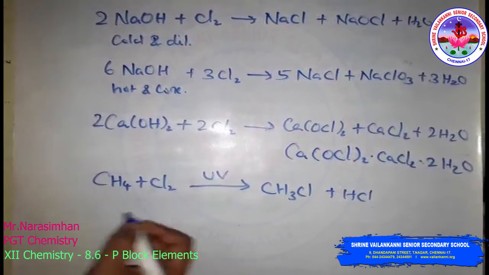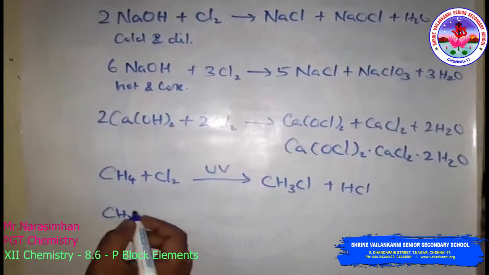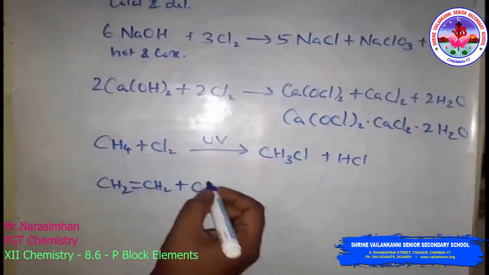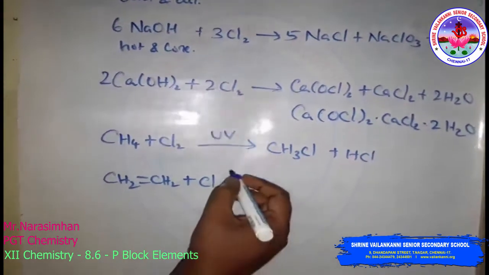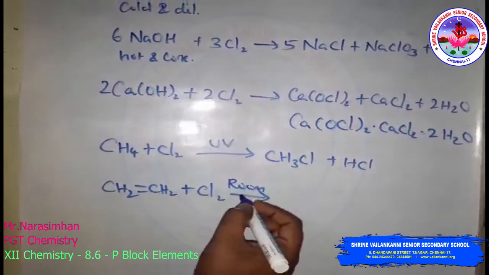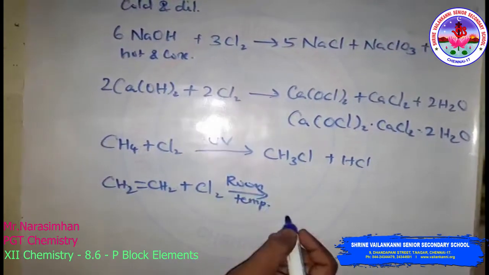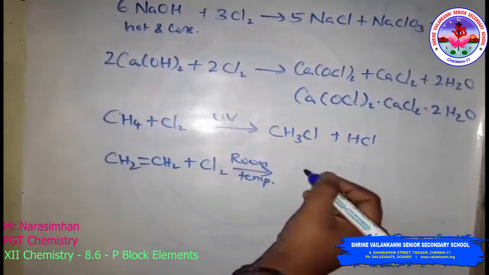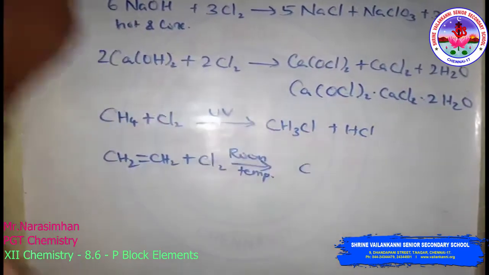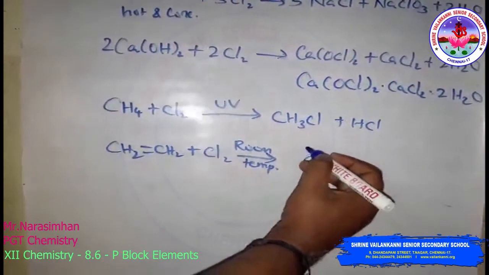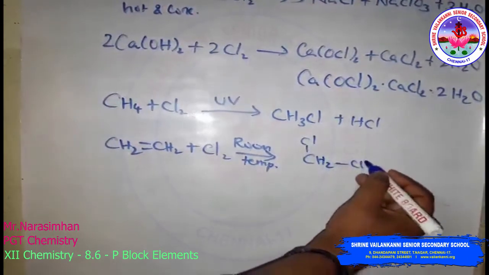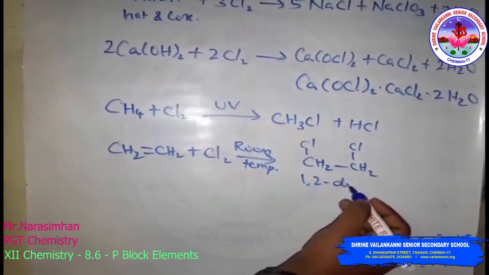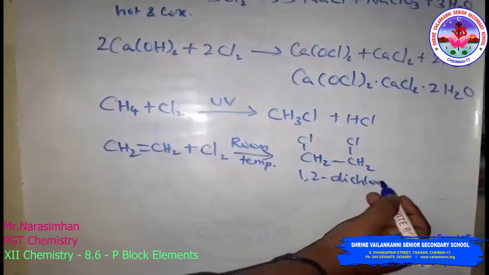When reacting with an unsaturated compound, that is ethene, CH2=CH2, with chlorine at room temperature, it forms 1,2-dichloroethane, CH2Cl-CH2Cl.